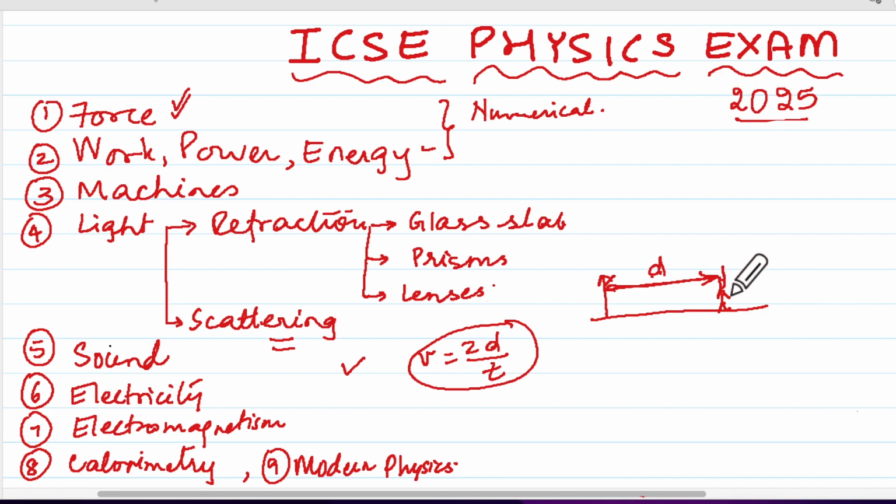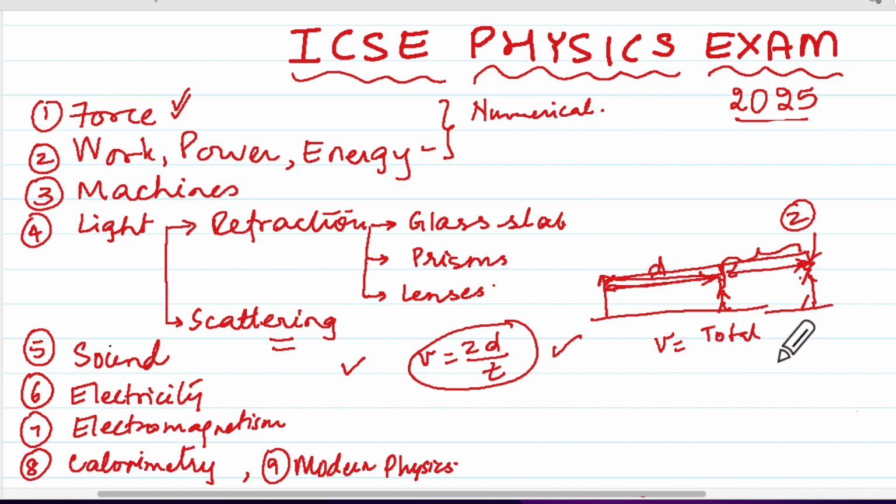Sometimes there will be a person who will be firing the gun, and there would be another person who's listening to that. So this person will hear how many sounds? He will hear two sounds. Which will be the first sound? First sound will be because of the direct traveling of sound. And the second one, when the sound goes this way and then gets reflected and comes back. In this case, formula using V is equal to total distance upon the total time.